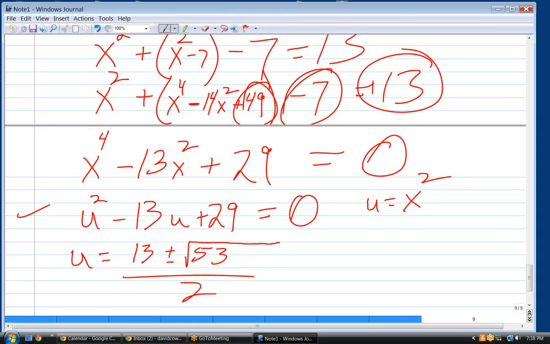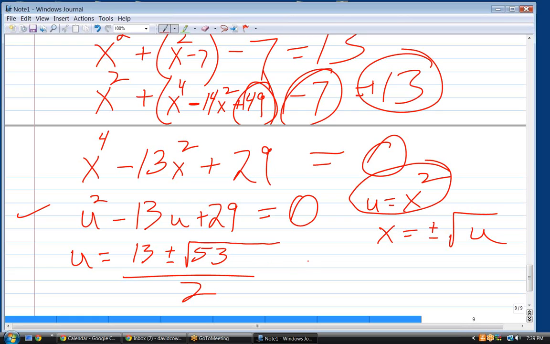So, what is x equal to? Wow, I can't believe how hard this problem is. But that's okay. We're going to find our 4 solutions. If u is equal to x squared, x is equal to plus or minus the square root of u, correct? Just solving this equation over here? Well, do we have to square root the entire thing?